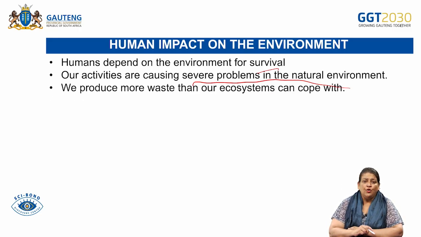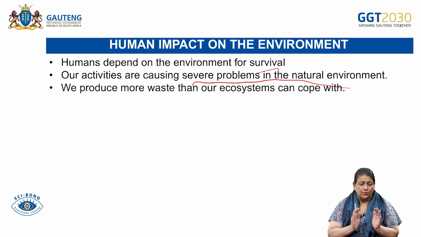We produce more waste than our ecosystems can actually hold. Remember that our Earth is just one limited size, but the population is growing, and the more the population, the greater the demand on our planet Earth. So we're producing more waste than our ecosystem can cope with.